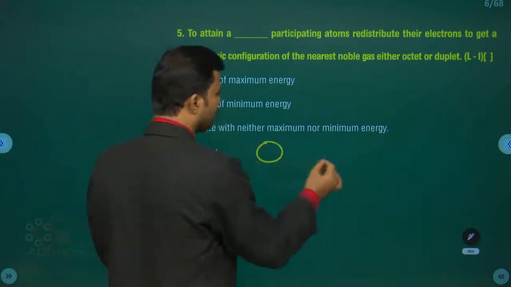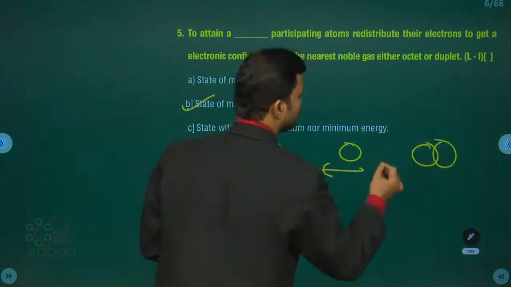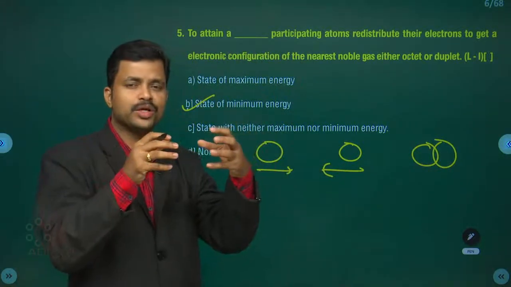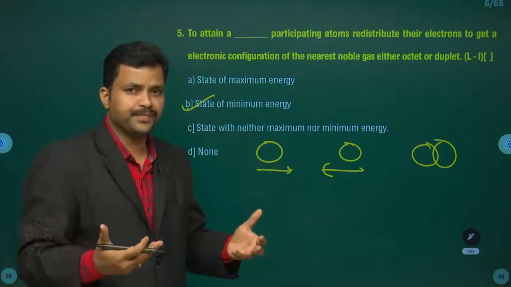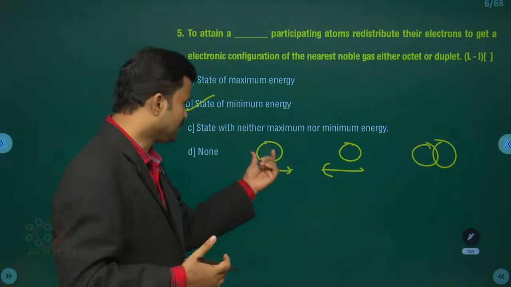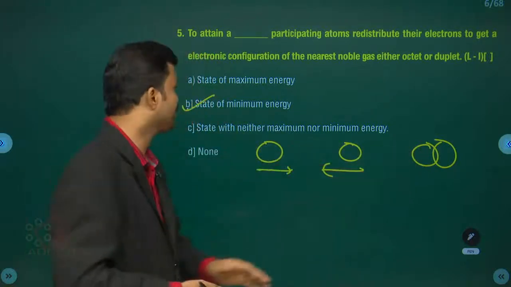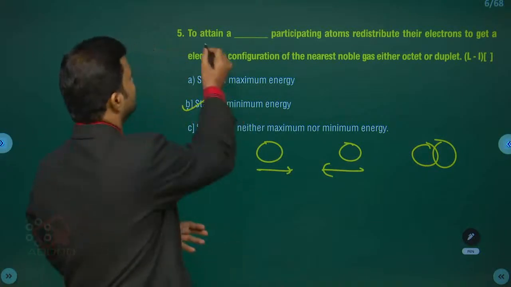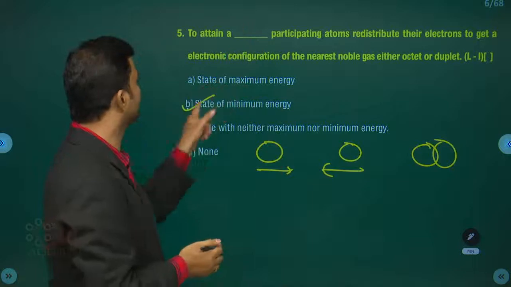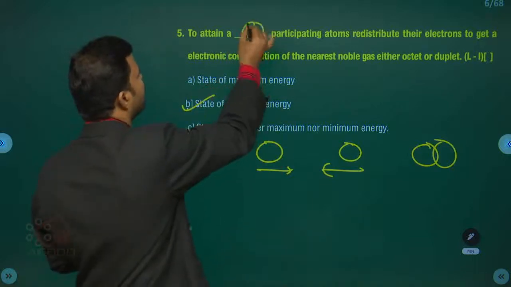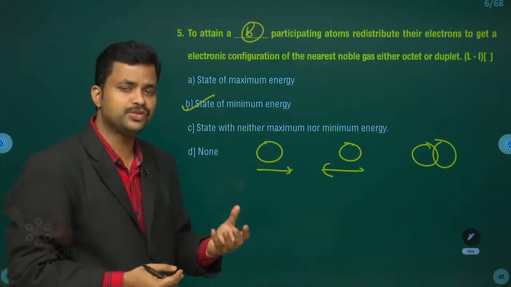When atoms approach together to form a molecule, they lose energy. So the atoms have more energy and the molecule has less energy, so it is stable. To attain a state of minimum energy, that is stable.